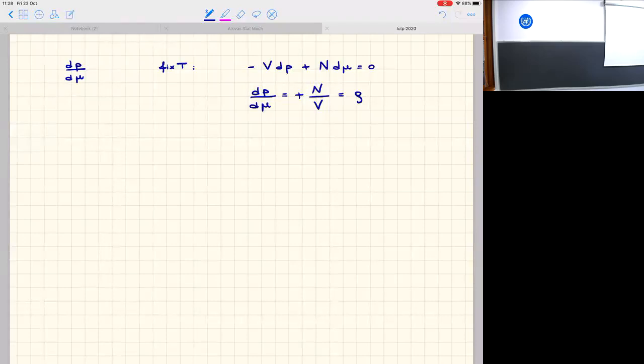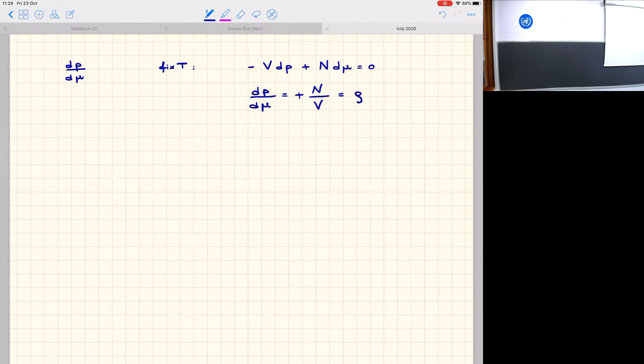All right, so in other words, you can use these relations and we will use them later on in some examples. Every time you need this kind of derivative, derivative of pressure with respect to something, derivative of temperature with respect to something else, derivative of pressure with respect to temperature, and so on and so forth, they're useful for this.